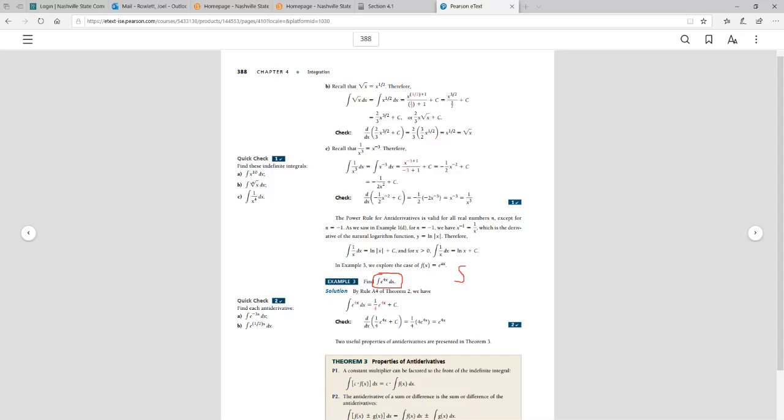If we take the integral of e raised to the power of ax with respect to x, that is going to be equal to 1 over a times e to the power of ax plus c.